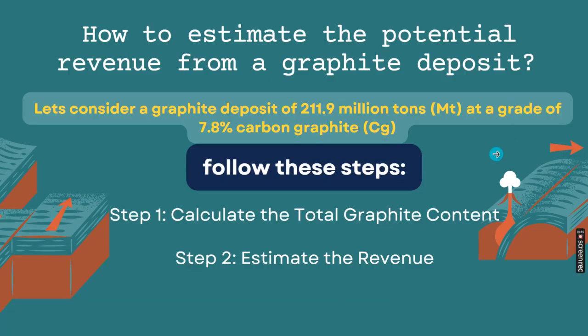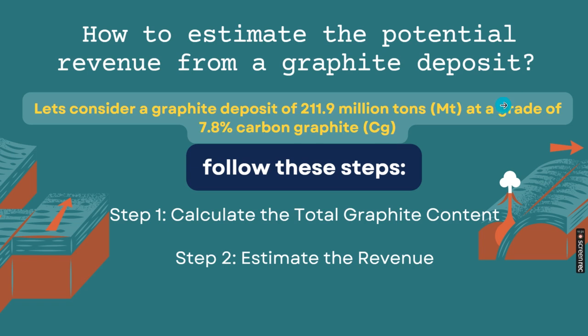So now the main question is how to estimate the potential revenue from a graphite deposit. For example, let us consider a graphite deposit of 211.9 million tons overall ore, graphite resource, from which we need to see how much actual graphite carbon can be extracted, and then the graphite price.